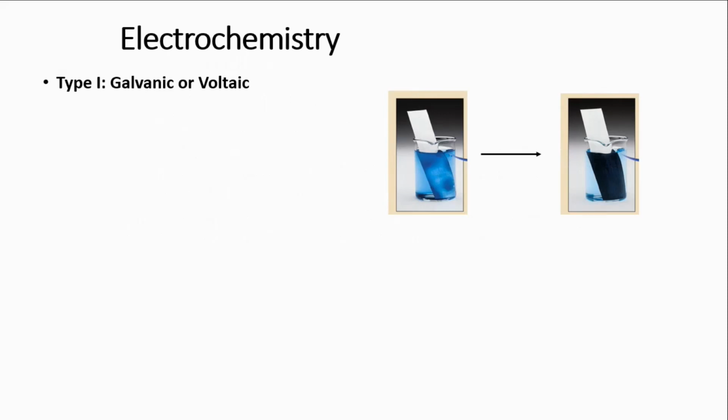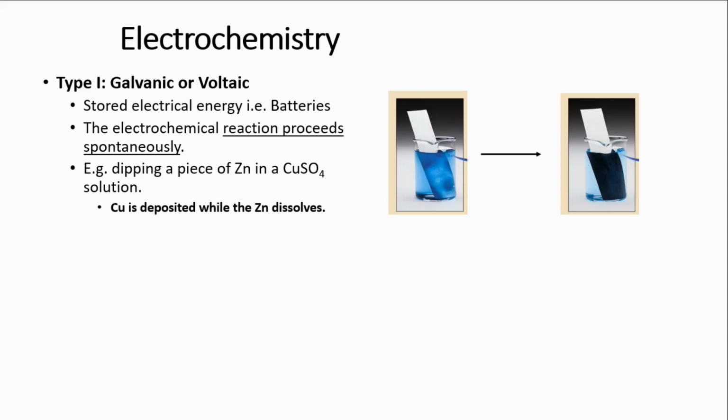Now, let's look a little bit deeper into electrochemistry. First of all, there are two types of electrochemical cells. You have what we call the electrolytic cell, and we have also the voltaic cell. The voltaic cell is also called the galvanic cell. The galvanic cell stores electrical energy.